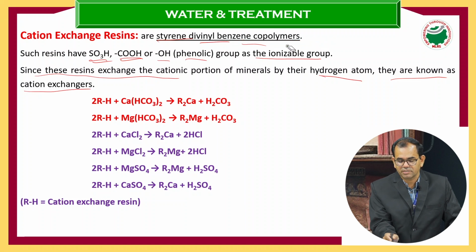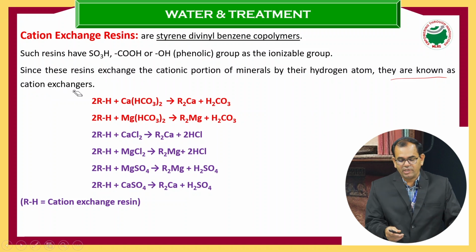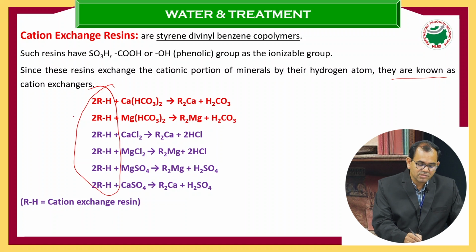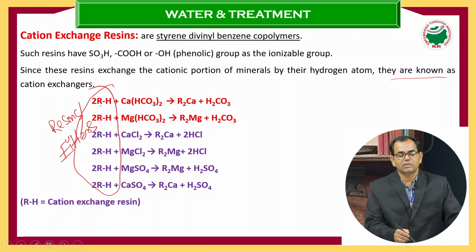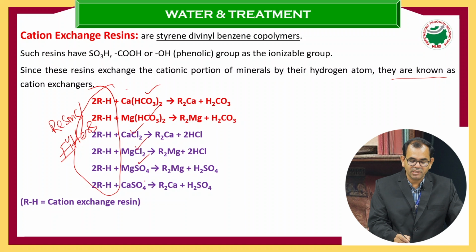Simply, how to understand this statement? Let us see with examples. In the first example, on the left hand side there are RH groups: 2 RH plus RH, RH, RH, all these are the resins. Resins are filters. On the right hand side are these salts: calcium bicarbonate, magnesium bicarbonate, calcium chloride, magnesium sulfate, calcium sulfate.